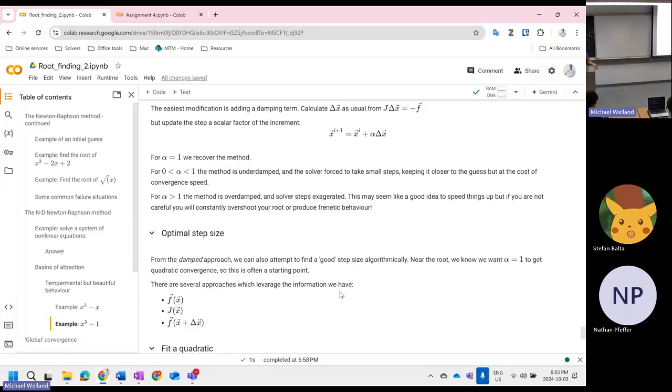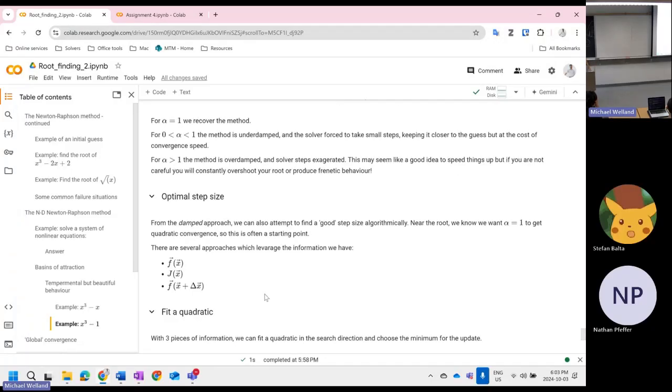For the linear systems, that was pretty easy to do because we had those equations and they weren't changing, but we don't have them now. What we do have is a few pieces of information. We have the current function value. We have the slope, which is our Jacobian. And we have the full step, and we've probably evaluated the function at the full step too. We've got 3 pieces of information.